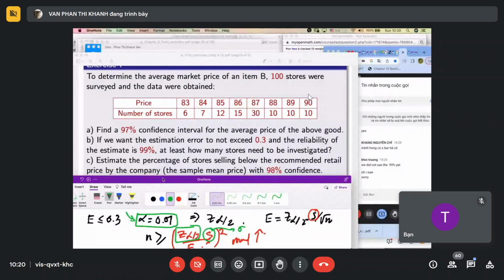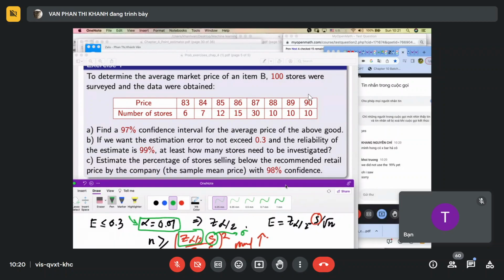And now we show the last problem. Estimate the percentage of stores selling below the recommended retail price by the company with 98% confidence. So what is meant?